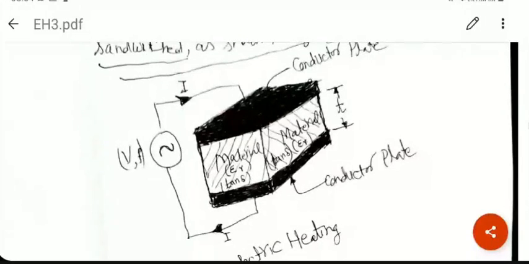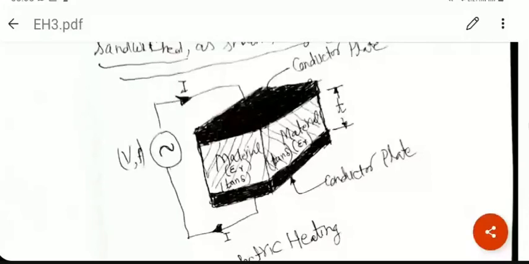The frequency of the supply is F, the magnitude is V volts RMS, the current going through the specimen is I amperes RMS, the thickness of the material is small t, the area of cross section of the plates, assuming that plates are fully covering the material, is A. It is the area of cross section of the material that matters ultimately.